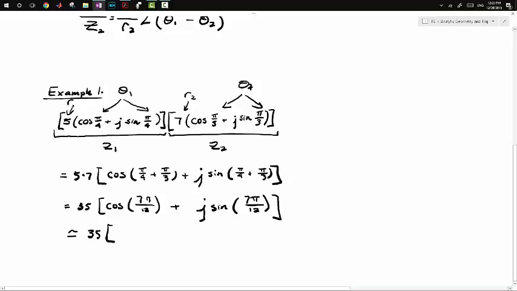Cosine of 7 pi over 12 is approximately negative 0.259, plus j times sine of 7 pi over 12 is approximately 0.966.